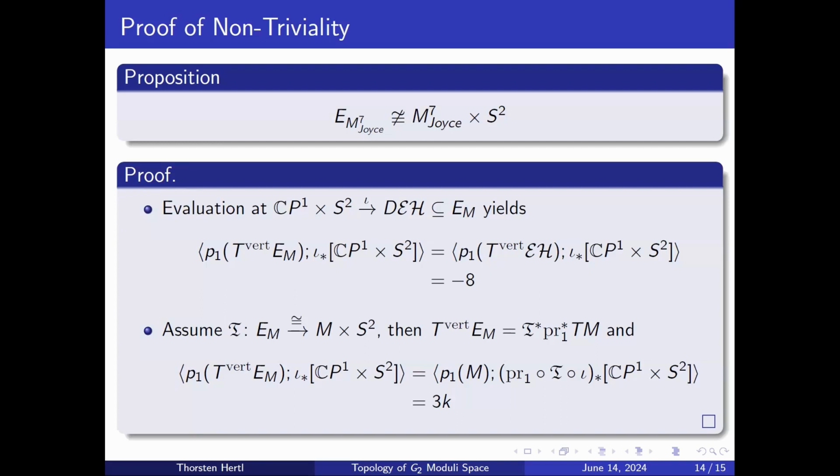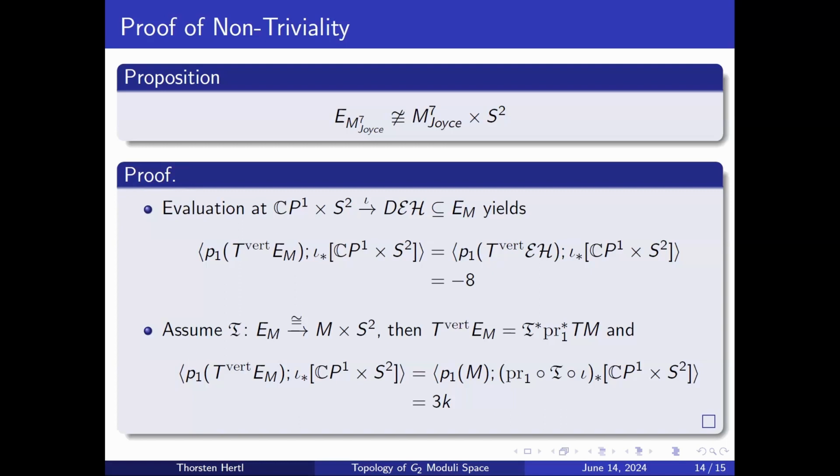On the other hand, if this manifold bundle were trivial, then the vertical tangent bundle would be a pullback of the tangent bundle of the fibers. And now we can use naturality of this pairing of homology and cohomology to transfer this to an integral of the first Pontryagin class of the fiber along the singular submanifold, which we have already seen must be divisible by 3.